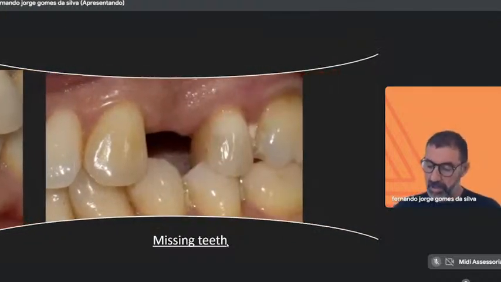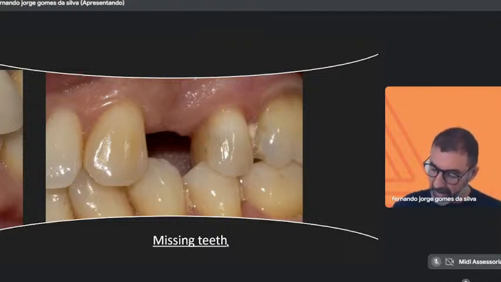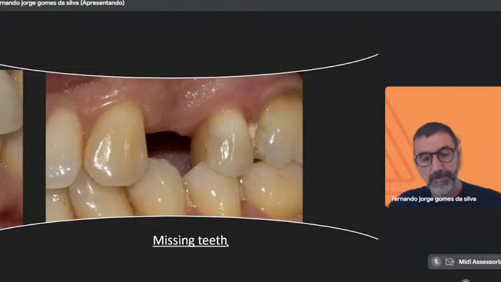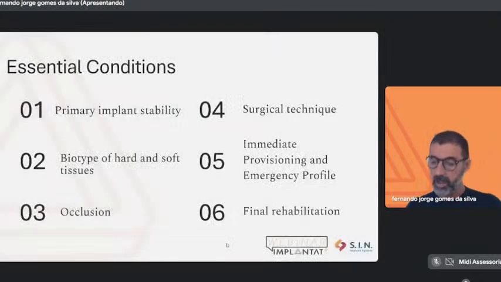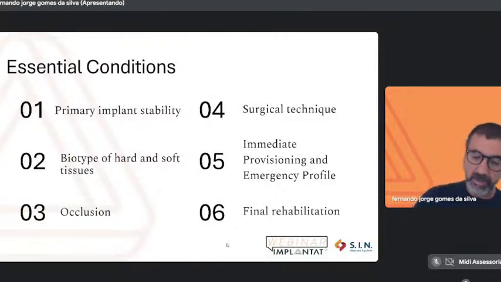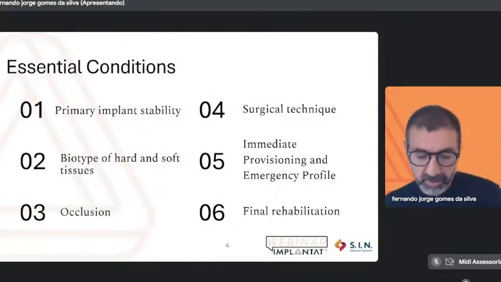This kind of situation with the interdental space already very well healed and flat makes it more difficult to reconstruct papillae. So I determined 6 essential conditions to achieve that kind of emergence profile.